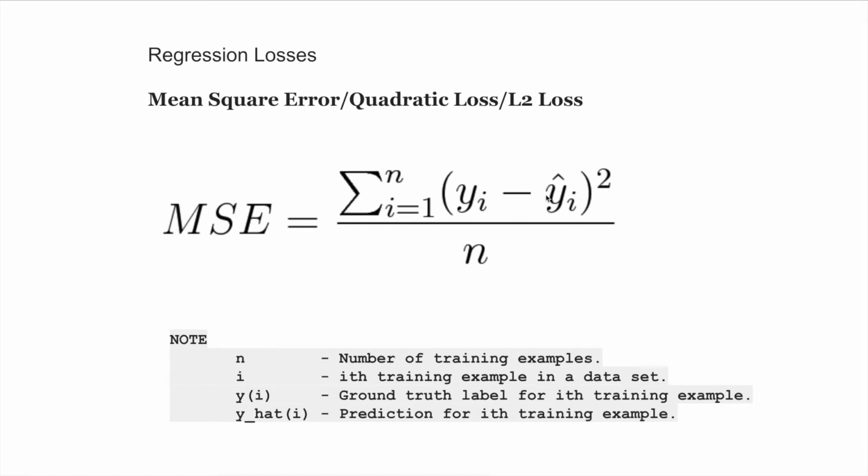If the prediction is very far from the actual value, it will penalize heavily. So we can use it where there are outliers in our data and we need heavy penalization. That is the advantage here.